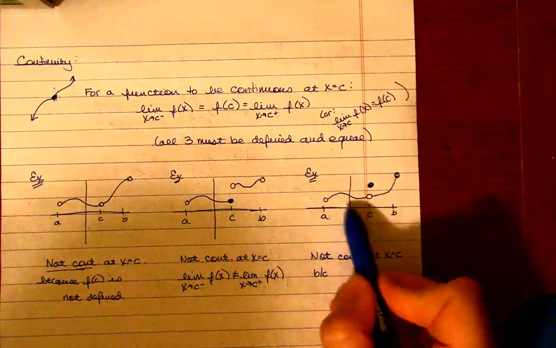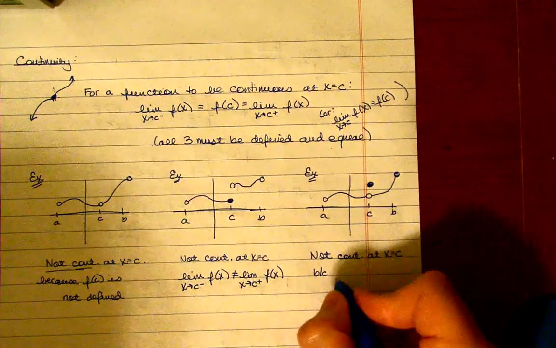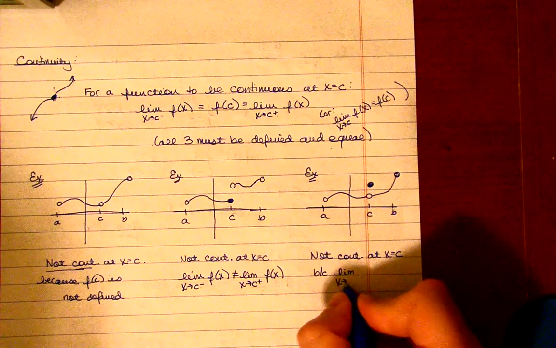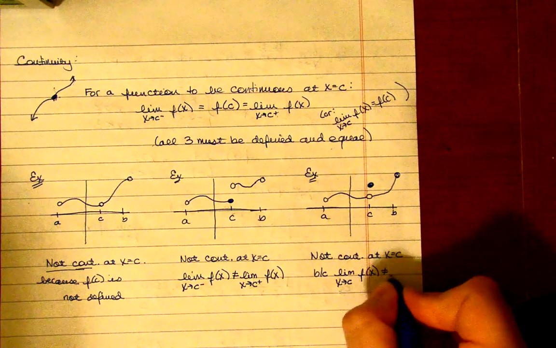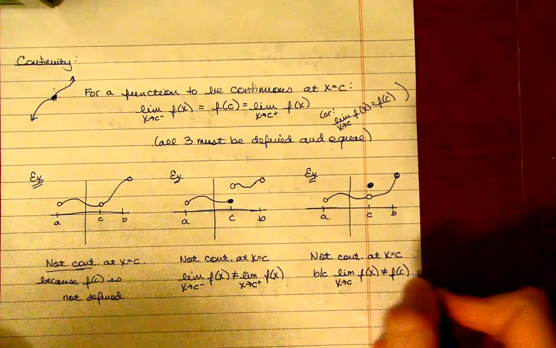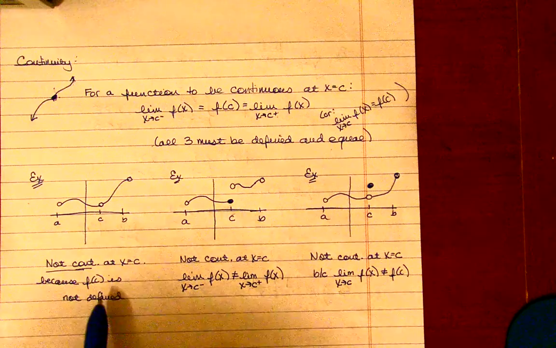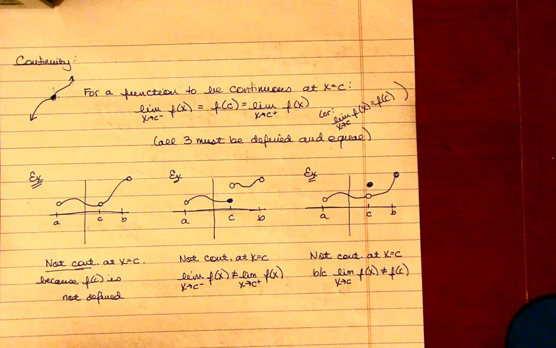Problem is, the limit from the left and the limit from the right are not the same as the value of the function there. I'm going to say that this issue is because the limit as x approaches c of the function does not equal f of c. You will be asked in the homework to explain formally why certain graphs are discontinuous at a particular place. These are the explanations that I'm looking for, not something about a hole or a jump or things like that.